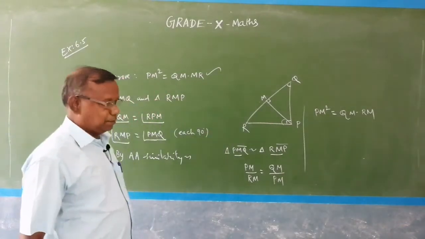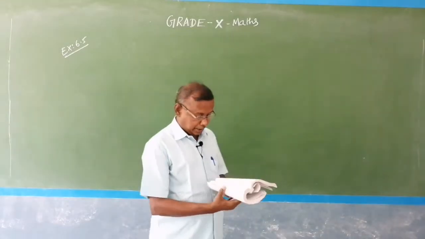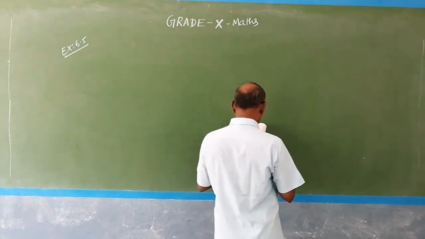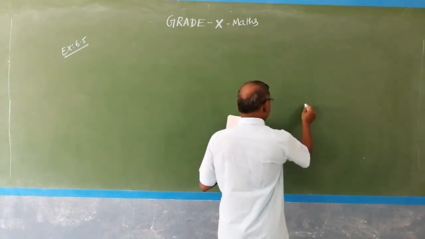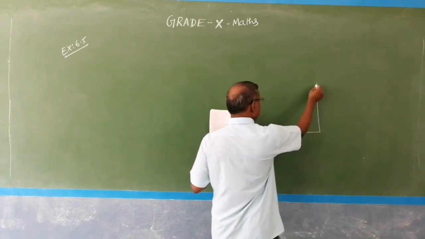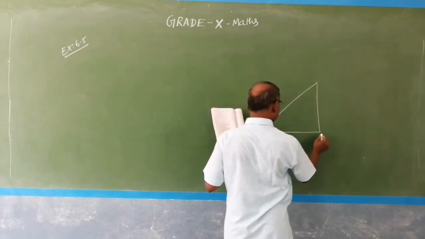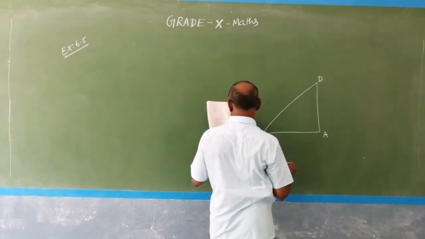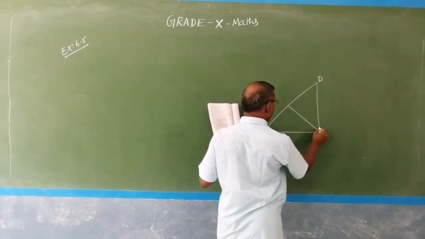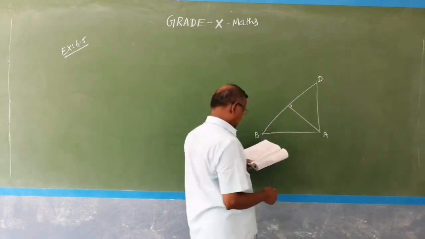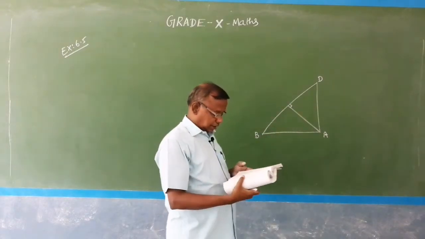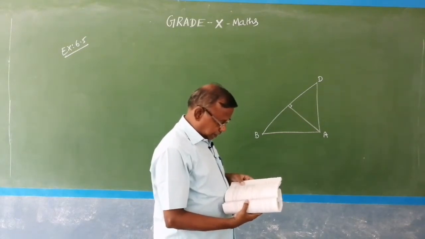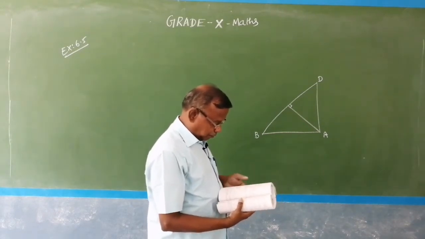Hence proved. Question number 3, we are given the diagram. ABD is a bigger triangle and AC is drawn perpendicular to BD. Here there are 3 subdivisions to be proved, each one the same as problem number 2.